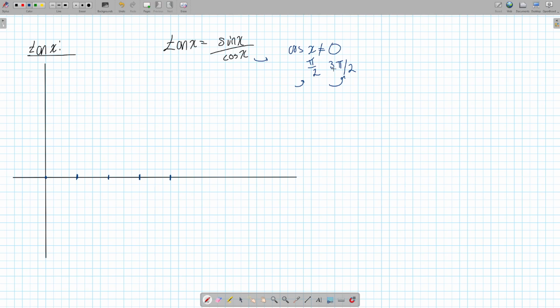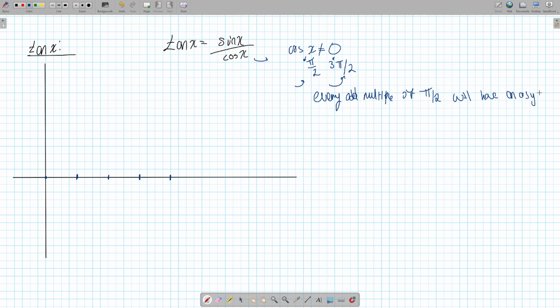Okay, and if you realize, the coefficient of pi in all these cases is odd. So for that reason, every odd multiple of pi over 2 will have an asymptote. Okay?